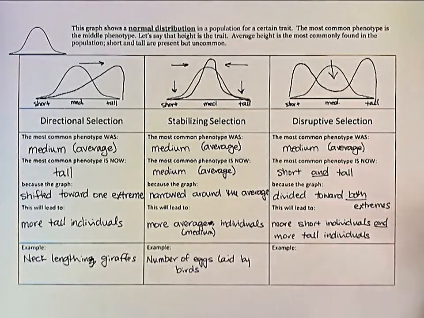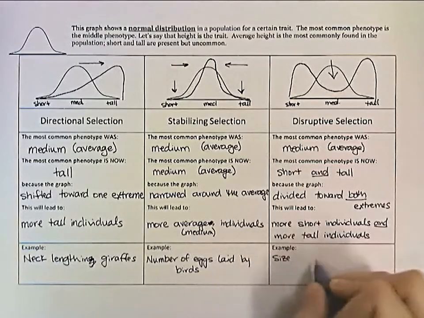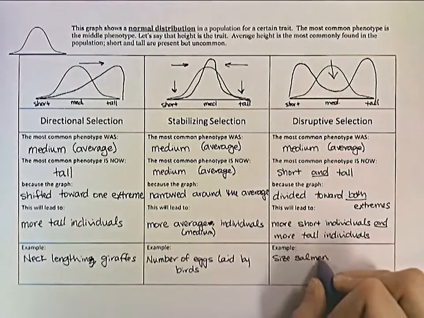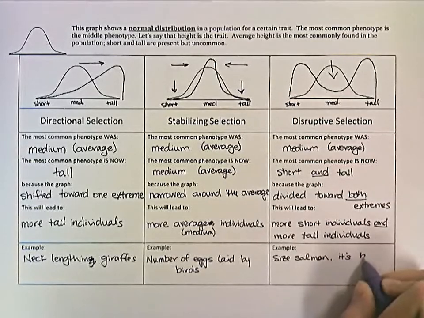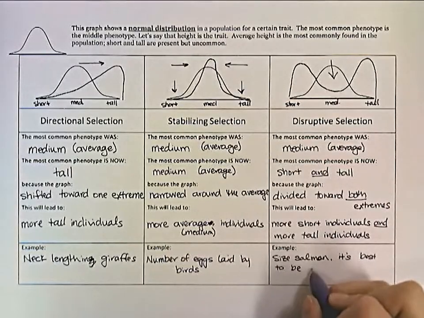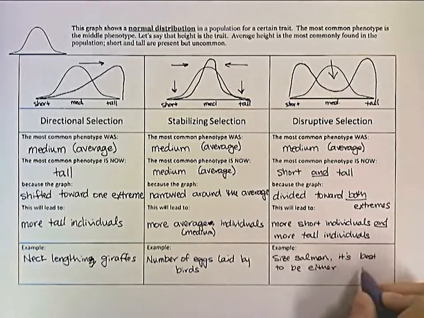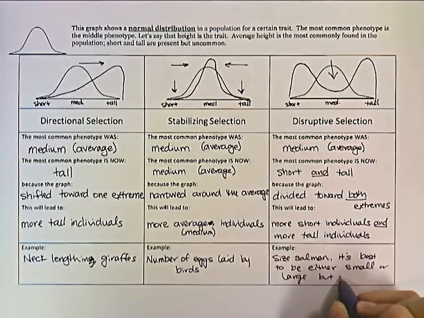And a good example of this is in salmon. So the size of salmon, for them, it's best to be either small or large, but not average.